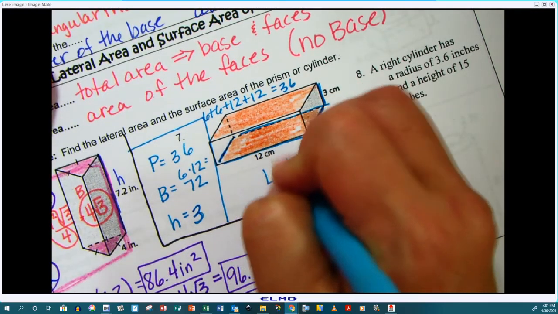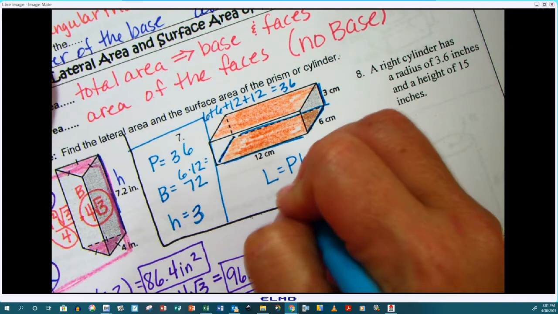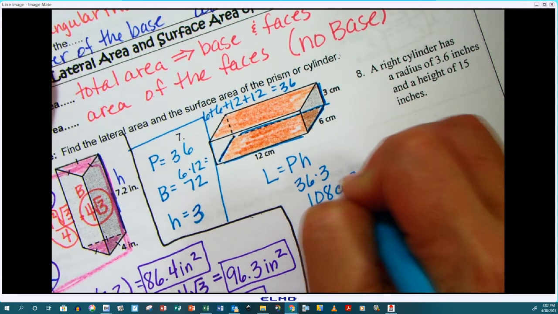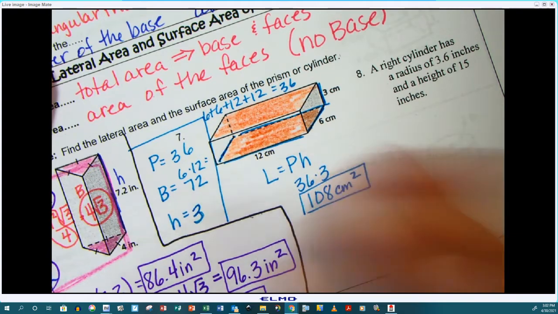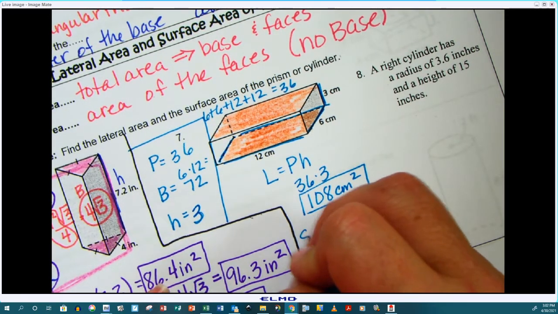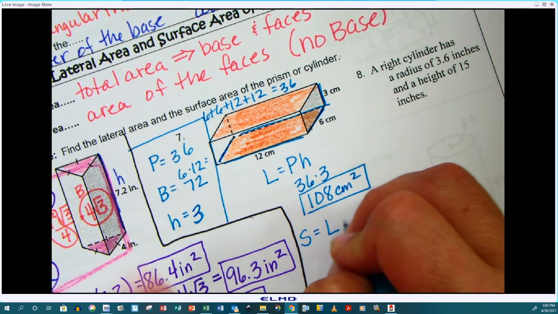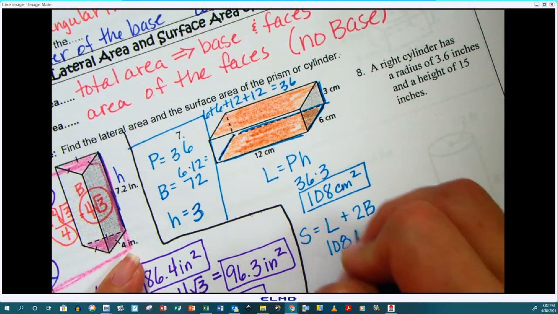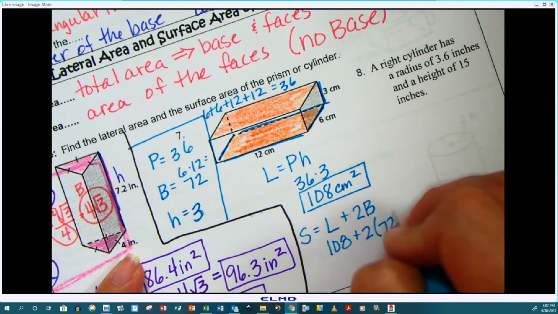Lateral area is PH. 36 times 3 is 108 centimeters squared. Surface area is lateral area plus 2B. 108 plus 2 times 72.